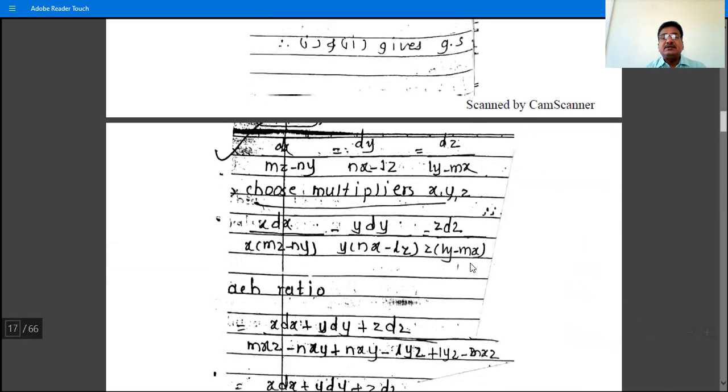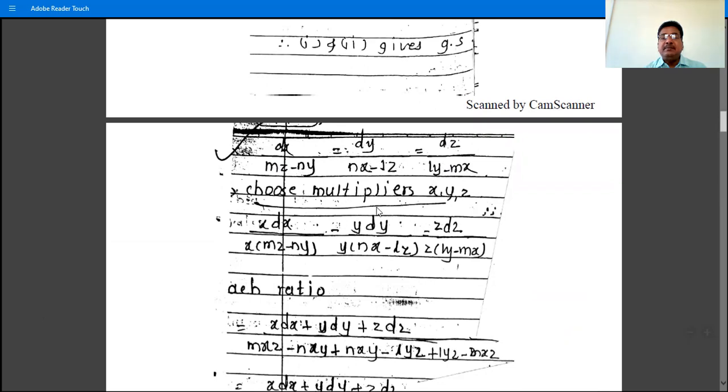Okay, next example: dx divided by mz minus ny, divided by nx minus lz, and dz divided by ly minus mx.